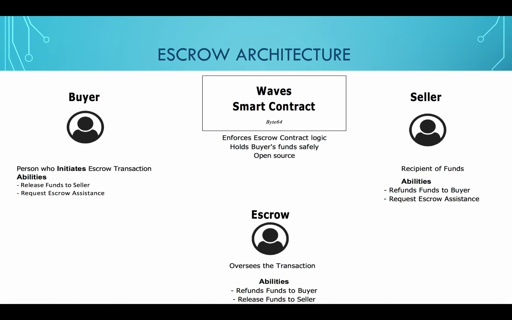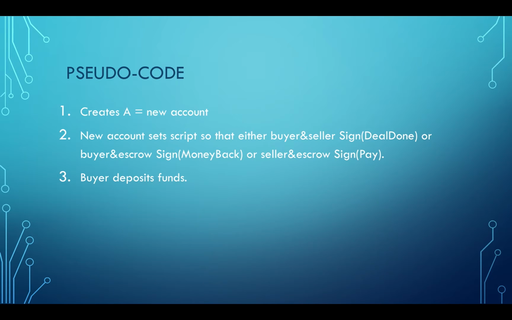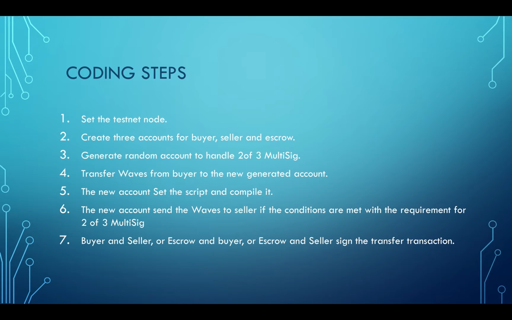Only when there is a dispute, the mediator gets involved, collaborating with either the buyer or seller to redeem the funds. Here we can see the pseudocode: first we need to create a new account. This new account will set the script so that either buyer and seller sign, so the deal is done, or buyer and escrow sign, to get the money back, or seller and escrow sign for the payment. And third, the buyer deposits, of course, the funds.